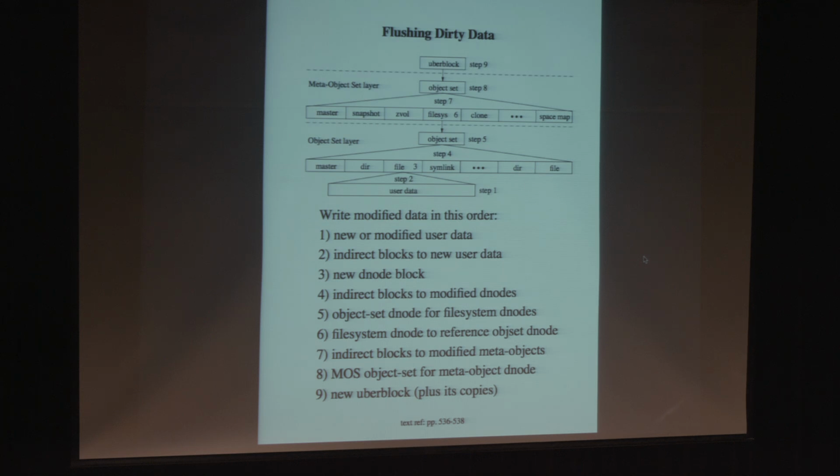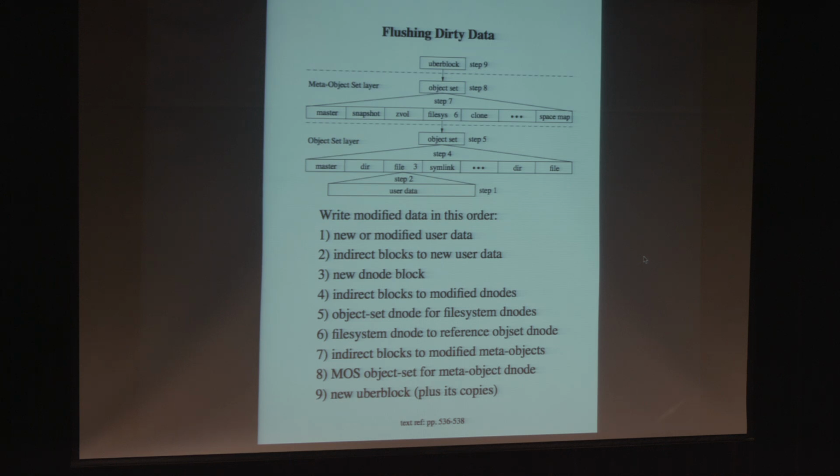But of course, we can't change the existing data block that's already there. So we have to create a new data block. So no matter what, we're going to have to change the indirect block pointer that points to that. And then, of course, that's a whole new block. So we have to change the indirect block pointer that points to that indirect block, and so on, in step 2: every single indirect block up to the dnode that describes the file.